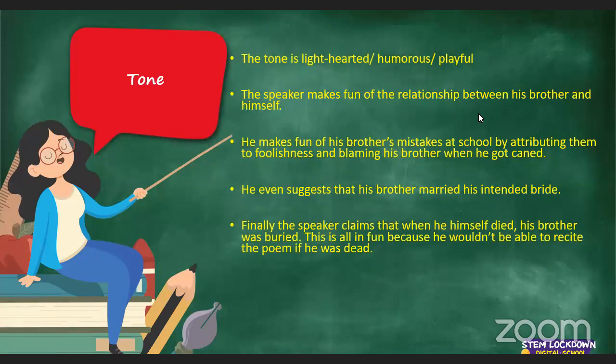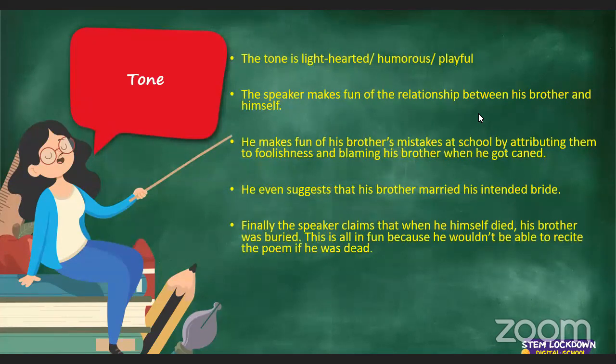He makes fun of his brother's mistakes at school by attributing them to foolishness and blaming his brother for when he got caned. He even suggests that his brother married his intended bride. And finally, the speaker claims that when he himself died, his brother was buried. Okay, this is all in fun because he wouldn't be able to recite the poem if he was dead. Okay, please make sure that you understand that part.